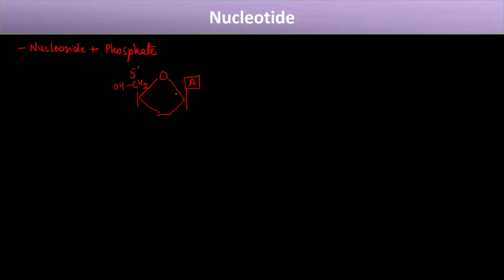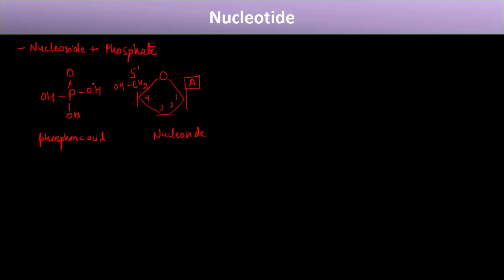Now, where can we add the phosphate group? The numbering is 1, 2, 3, 4, and this is 5. The phosphate group comes from phosphoric acid, like I said. It will have P, O, OH, OH, and OH. This is a phosphoric acid, and this is a nucleoside.